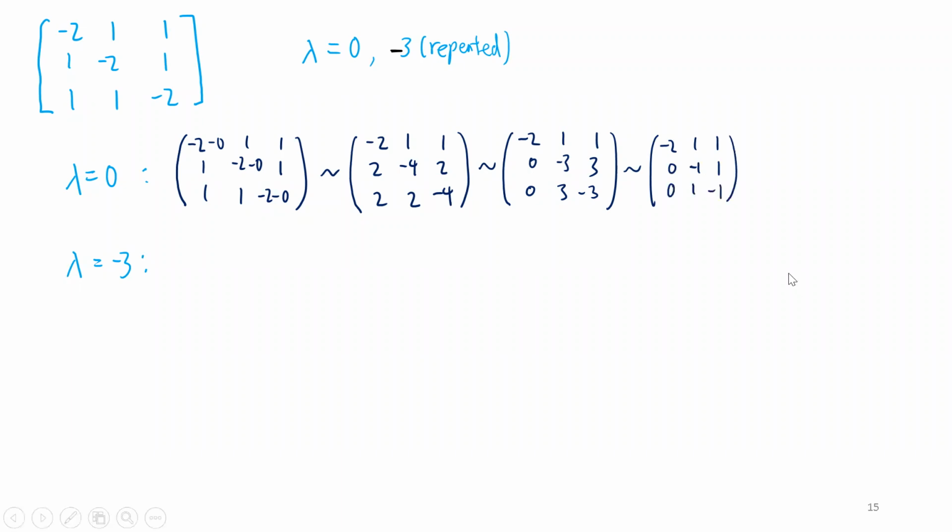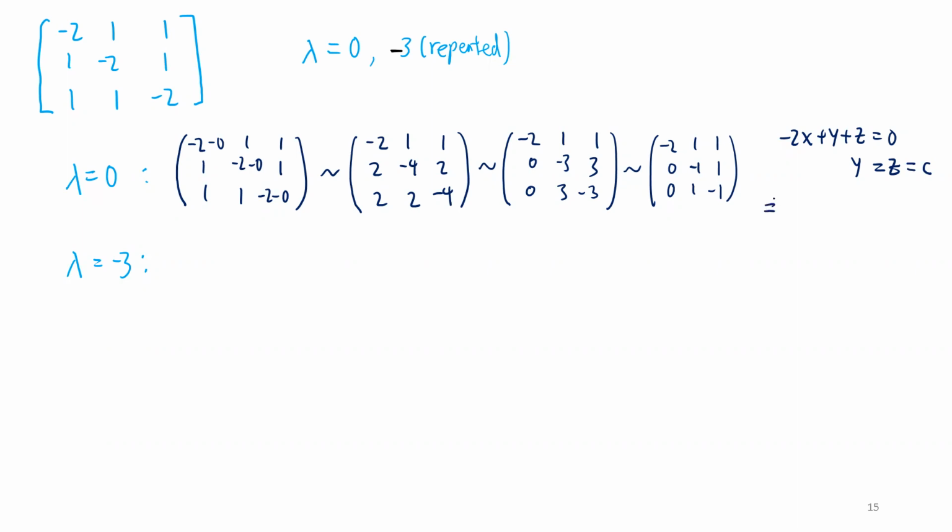So at the end, the equations that you get are the following: minus 2x plus y plus z equals 0. Both the second and third ones tell you that y equals z. So now y equals z, and let's say these two equal some parameter c.